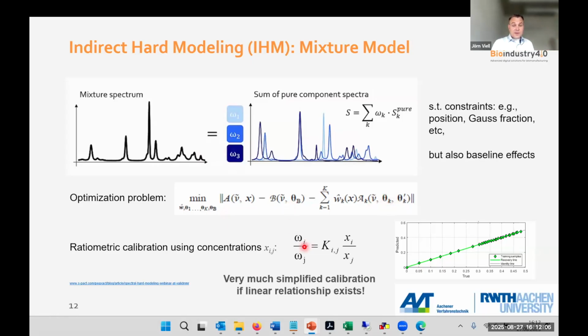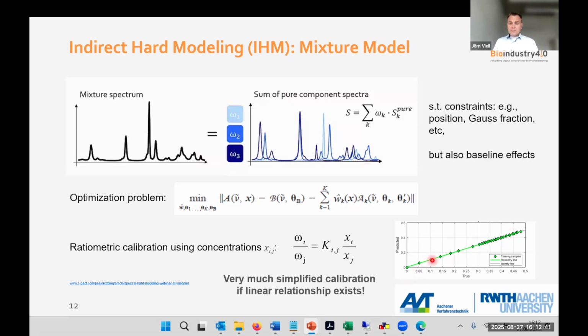We then need to correlate these weights via a calibration coefficient with concentrations of interest like molar concentrations or mass-based concentrations, etc. The beauty here of that calibration aspect is actually that it requires very, very small calibration sets only. So in principle, we would have a pure component model here at 0, maybe another pure component at 1 concentration value.